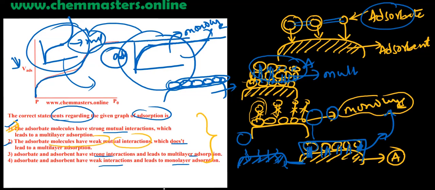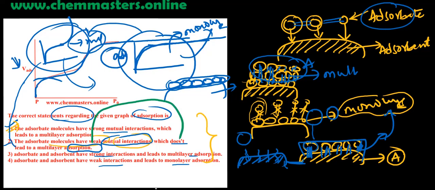The best statement to explain this is the second statement, where the adsorbate molecules have weak mutual interactions, which doesn't lead to multilayer adsorption. This is well explained when the surface of the adsorbent has capillary pores.